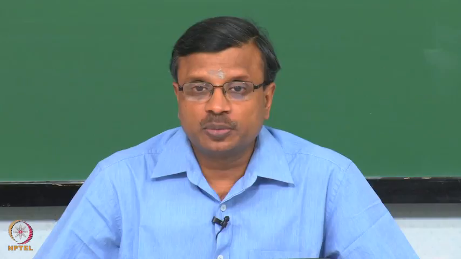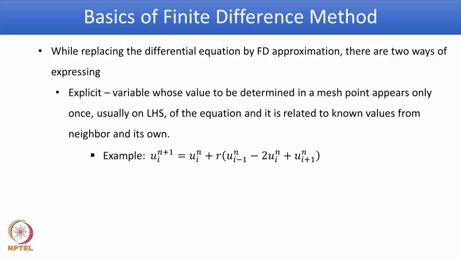So, for example, for the unsteady momentum equation, u at any nodal location for two dimensions is I comma j, and then one more superscript index n to represent that you are doing time integration and you are trying to find out, or you know, the value of u at the n-th time level. So, a variable whose value is to be determined at each mesh point appears only once in the equation, depending on what scheme you are following.